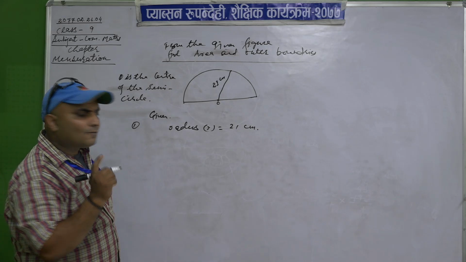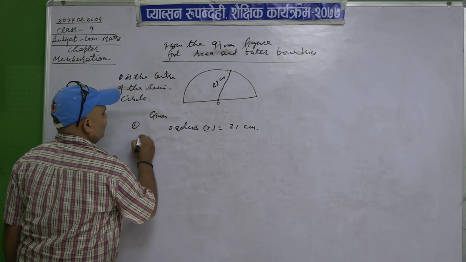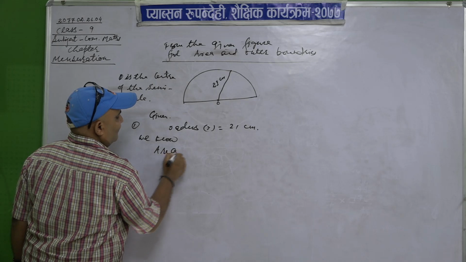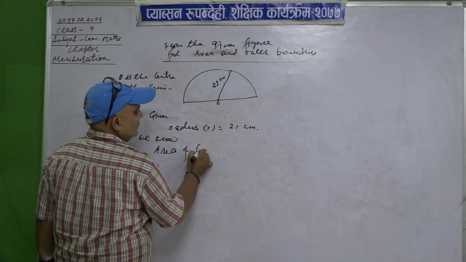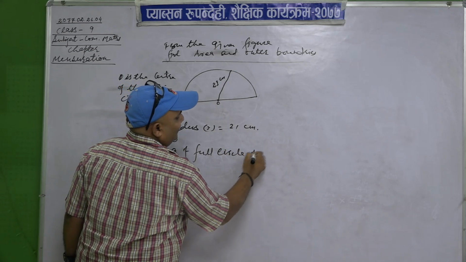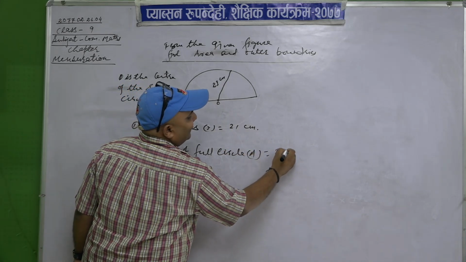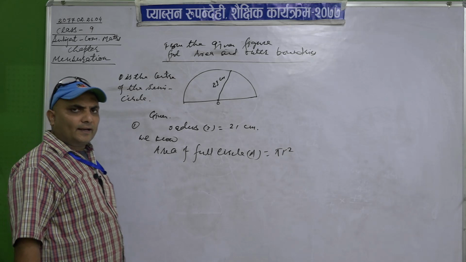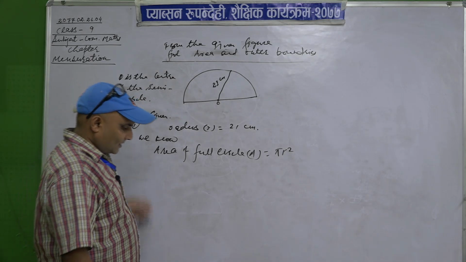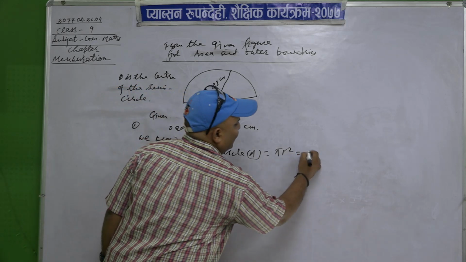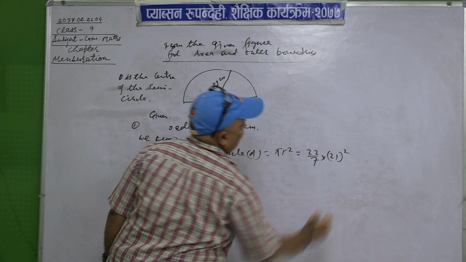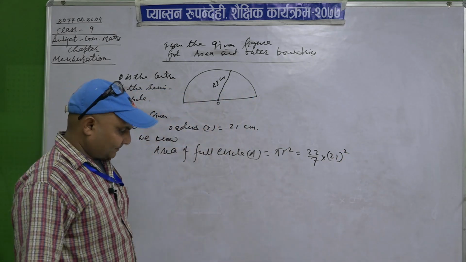We know area of full circle is pi r square. Now, put the value. Pi means 22 upon 7, r means 21 whole square.